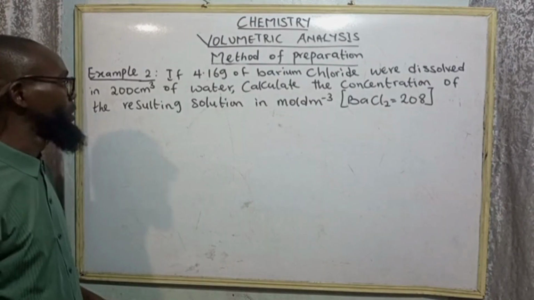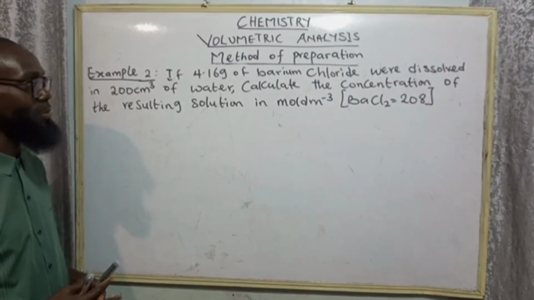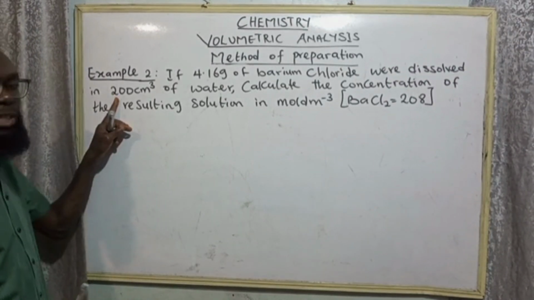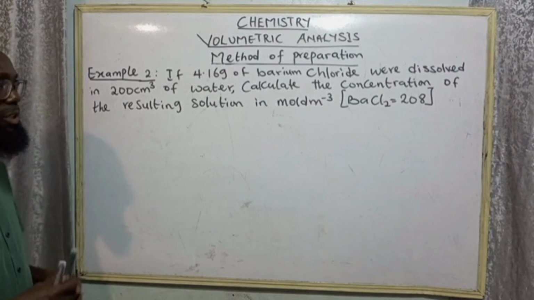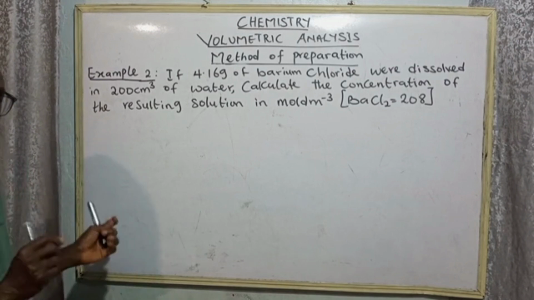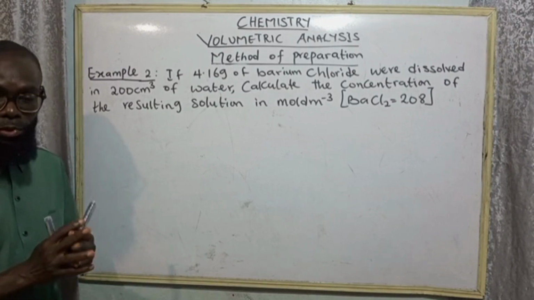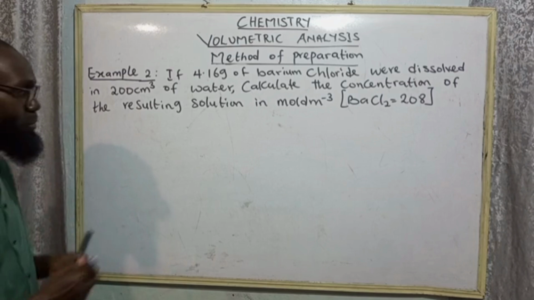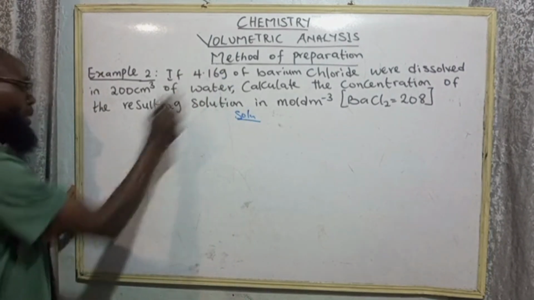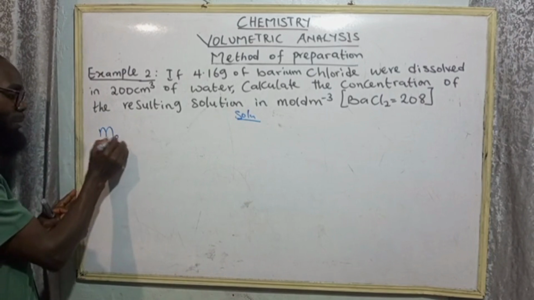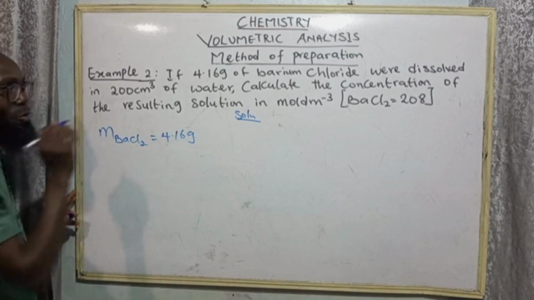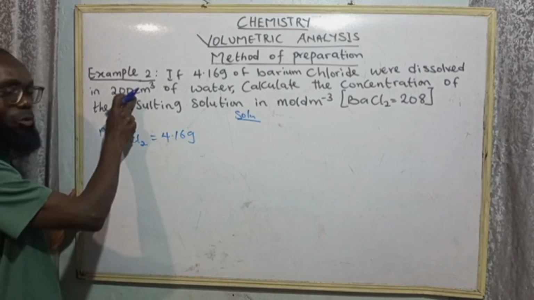Example 2. If 4.16 grams of barium chloride were dissolved in 200 centimeter cube of water, calculate the concentration of the resulting solution in mole per dm³. So the concentration is going to be the molar concentration. The mass of barium chloride is given as 4.16 grams, dissolved in 200 cm³ of water.